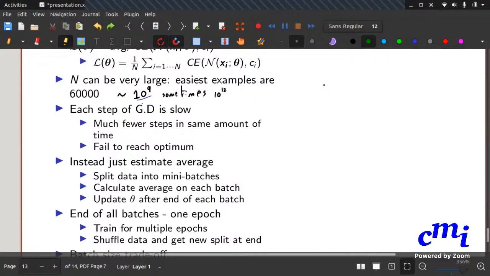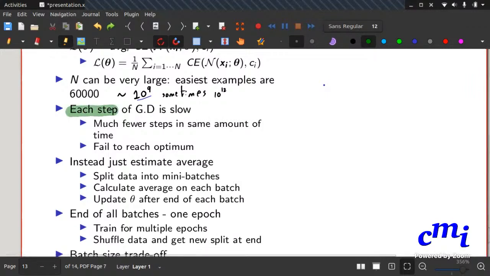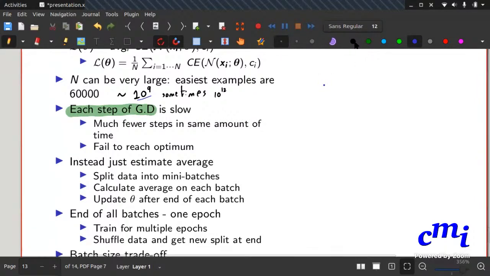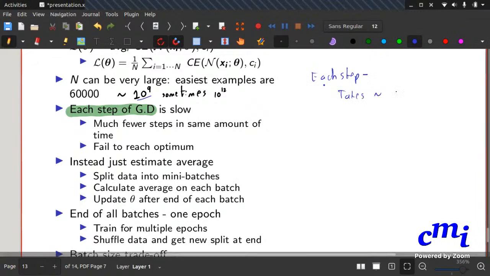So what I'm saying is, the time taken by each step of gradient descent is about as much time as computing L does, right?